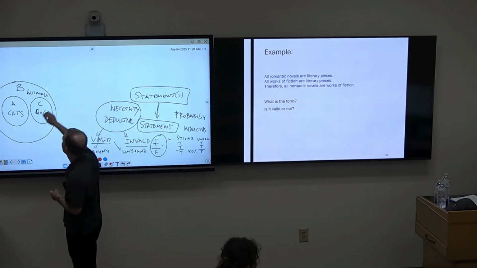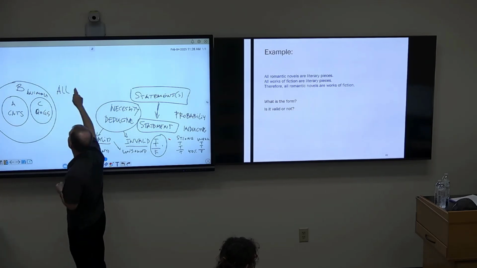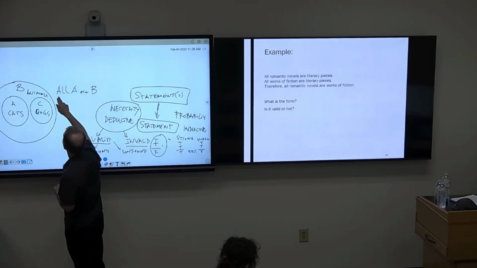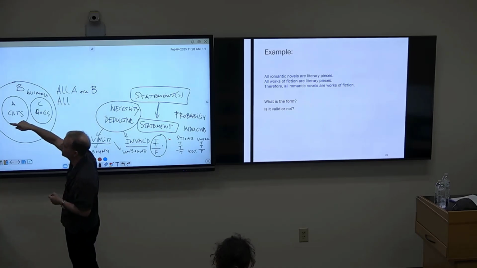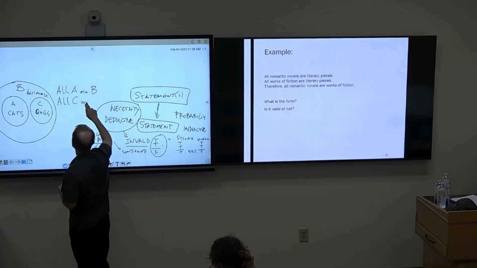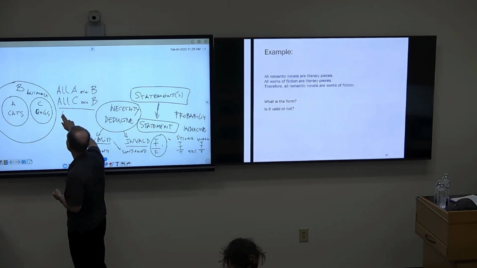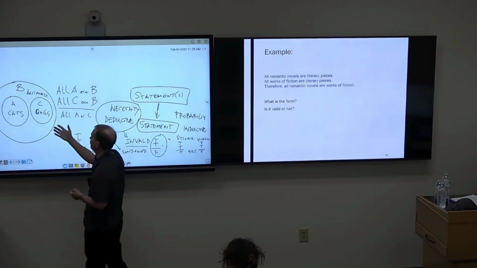Because you can see that all romantic novels, replace with A, all A are B, replacing literary pieces with B. Then works of fiction would have to be C, again are B, because that's literary pieces. And what is then the conclusion? All A are C. All A are C.